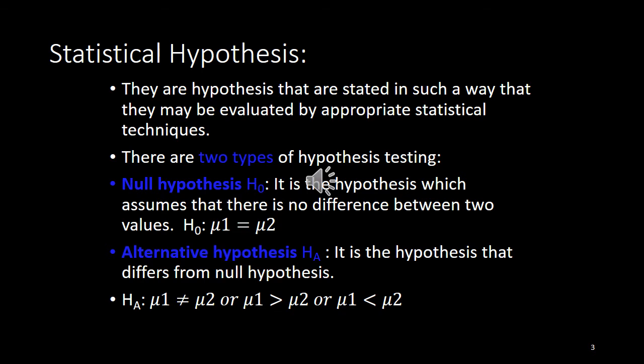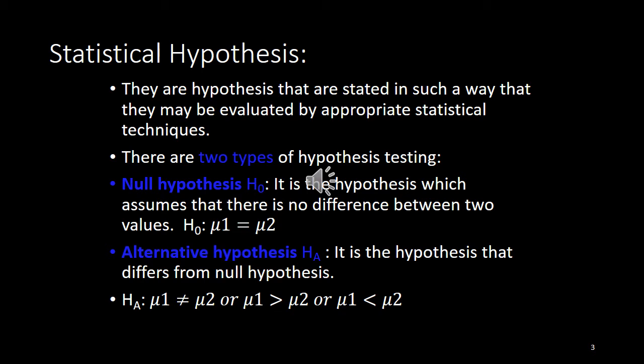Revising the previous lecture concepts, statistical hypotheses are hypotheses that are stated in such a way that they may be evaluated by appropriate statistical techniques. There are two types of hypothesis, null hypothesis and alternative hypothesis. Null hypothesis is the hypothesis which is used for possible rejection, so it is represented by H naught.